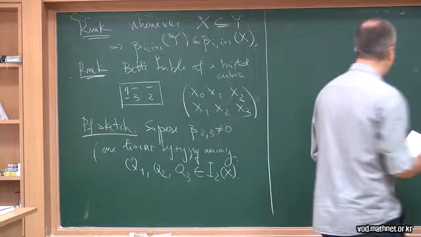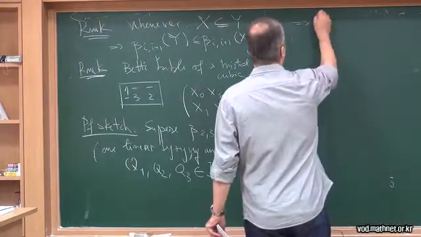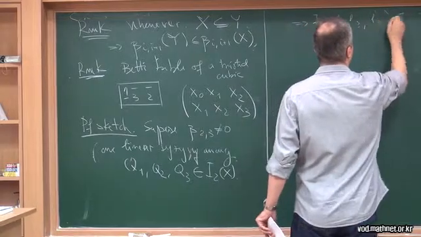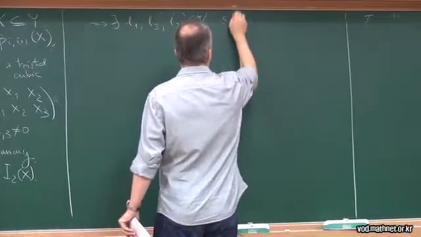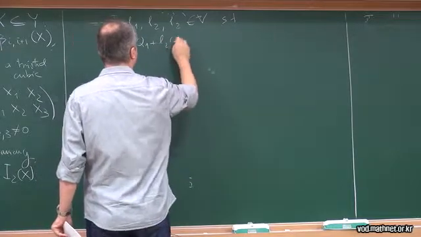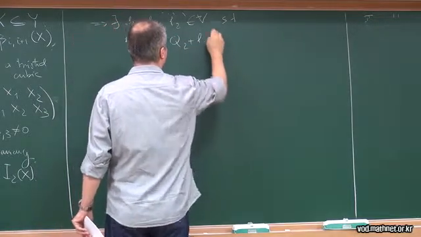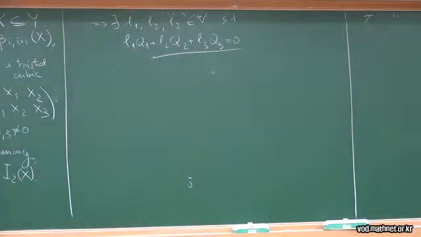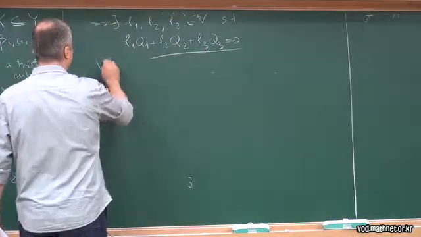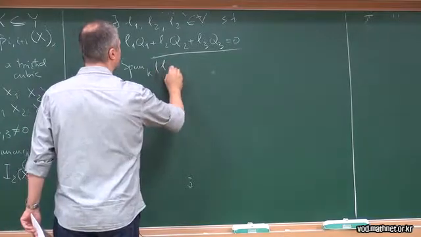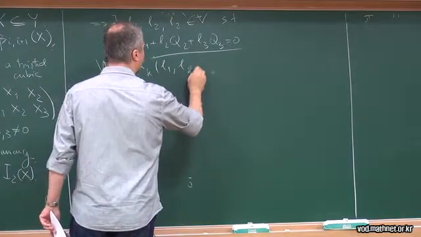This means that we have three linear forms in V such that L1 Q1 plus L2 Q2 plus L3 Q3 equals 0. Now let's put W, the span of these three linear forms.